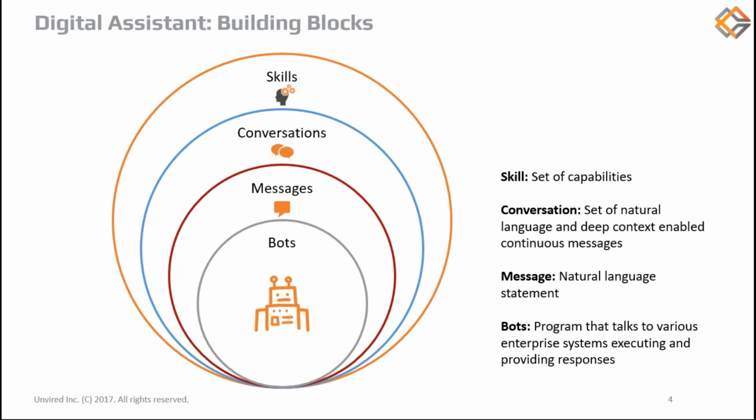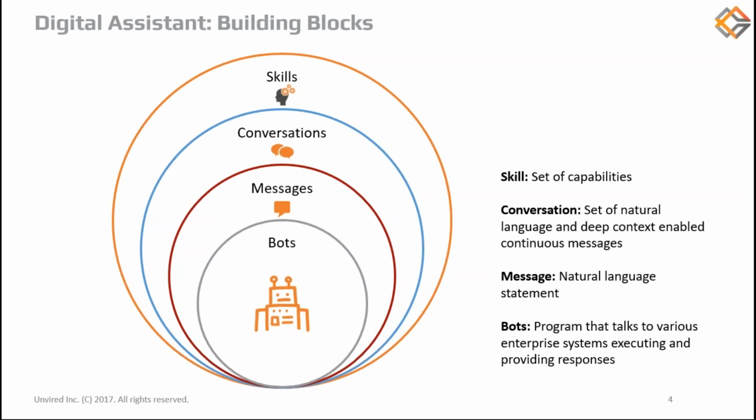And skills are a set of conversations, each conversation being a set of messages, and these conversations and messages are deeply context enabled so that in a continuous flow of messages across topics, the context can be recognized very easily. The messages are exchanged between the people and the bots.